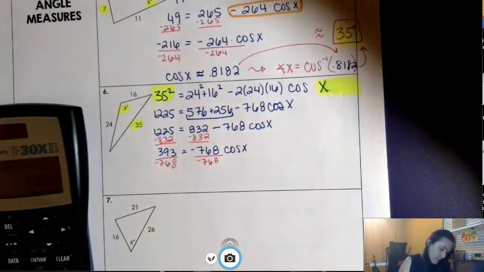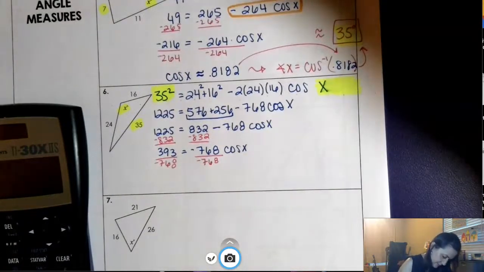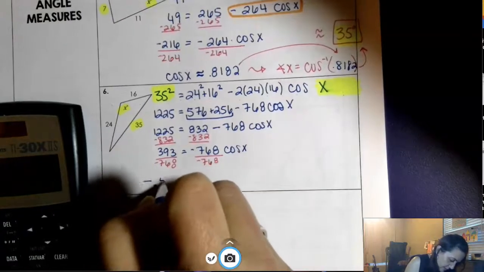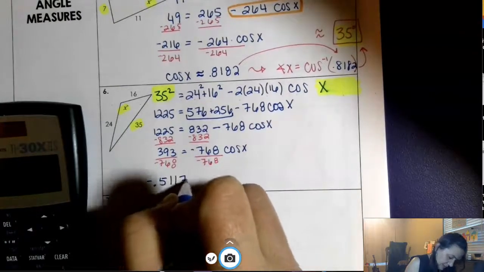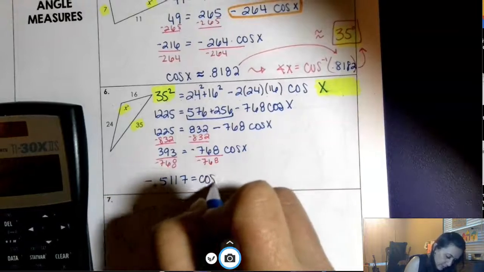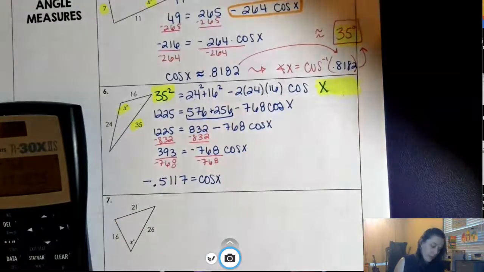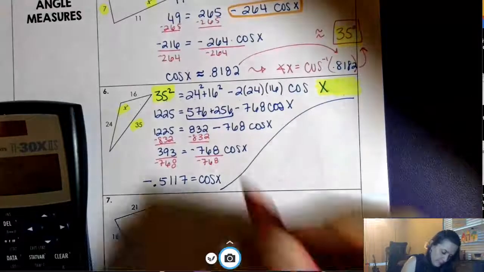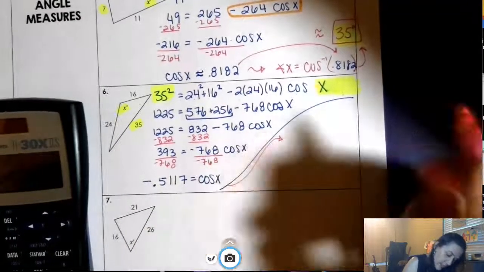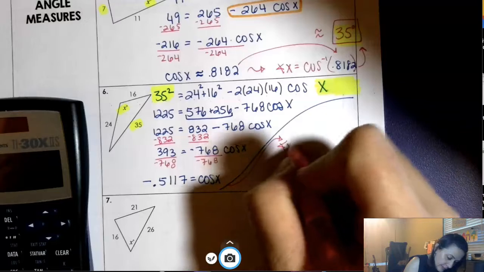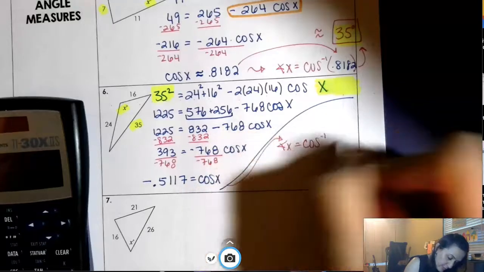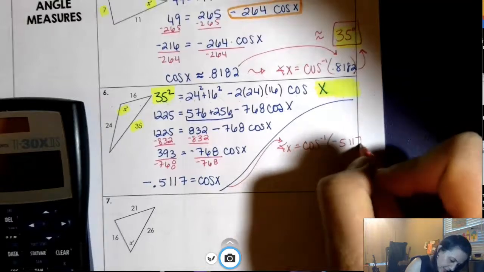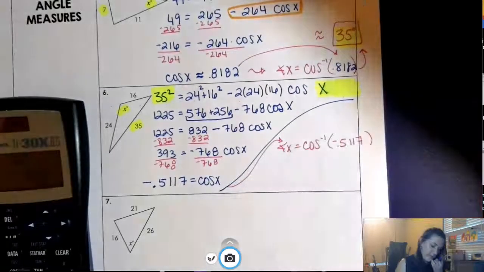So when I divide by negative 768, I end up with negative 0.5117 equals cosine of x. So remember, when I end up there, angle x is going to equal the inverse cosine of that number, negative 0.5117.